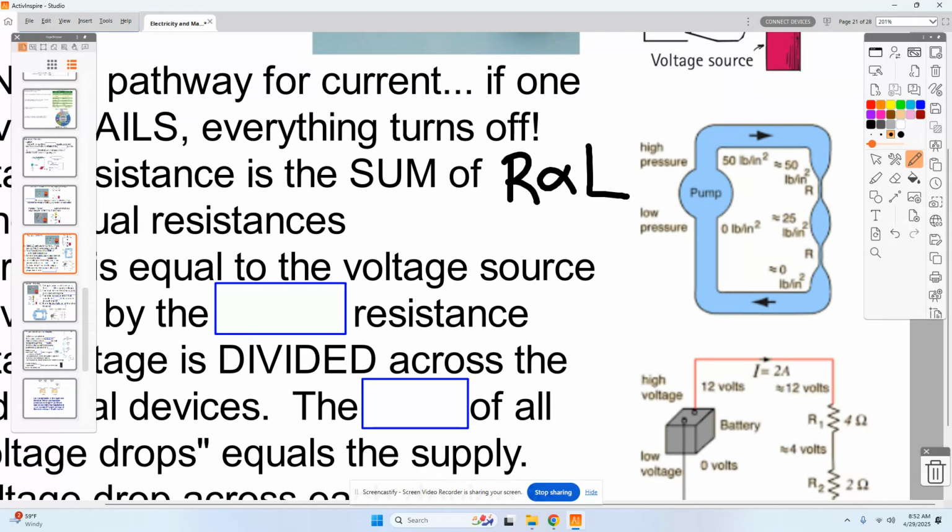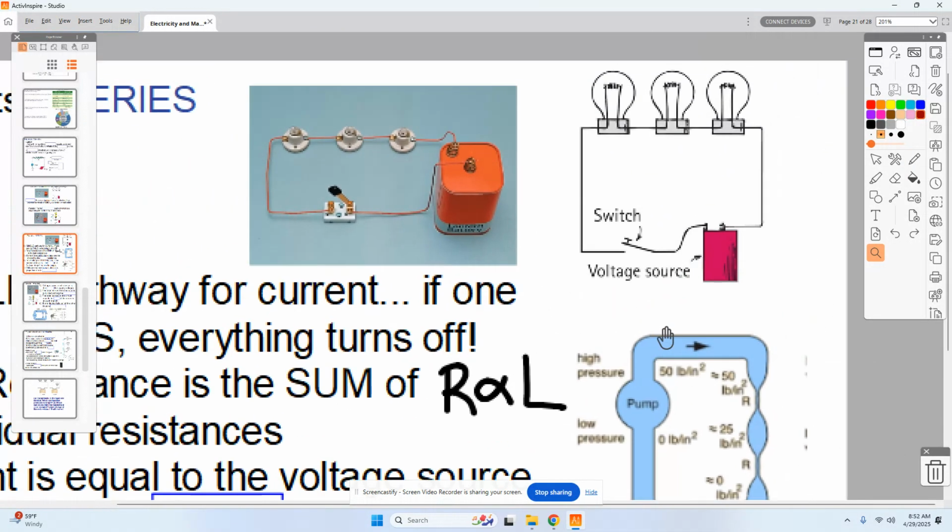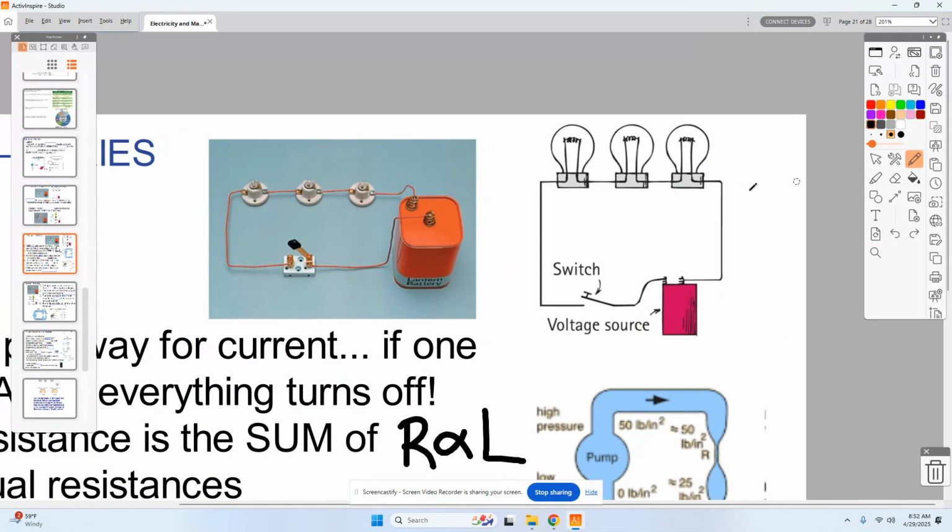If I have more than one light bulb in series, effectively what that's doing is increasing the length of the path that the charge must flow through. So the charge flows through there, then through there, then through there. Effectively I've increased the length of that restrictive path.